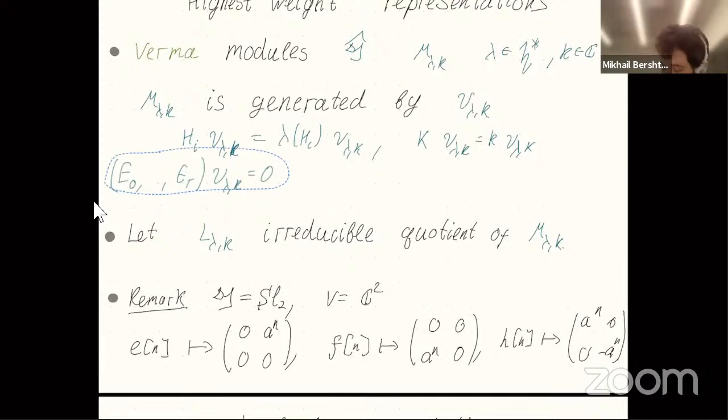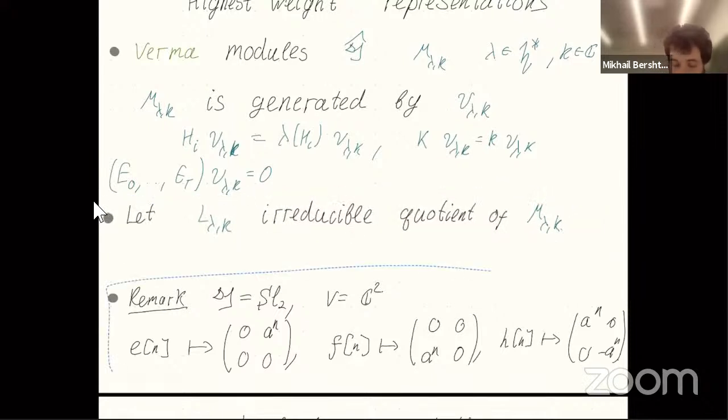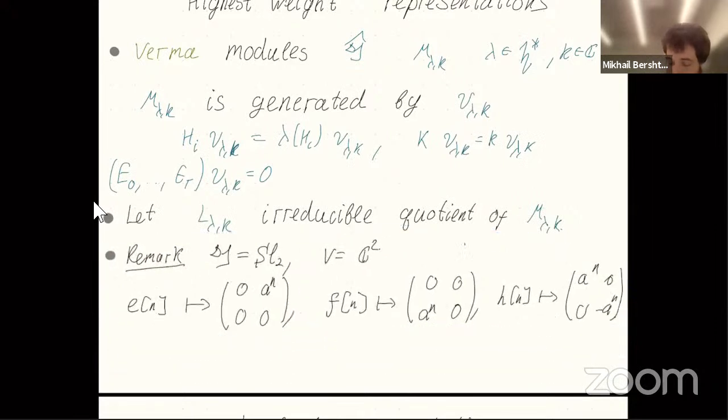Everything's okay? No questions? So, okay, I have a question. Is this representation a highest weight representation? The answer is no. Because I recall that the Borel subalgebra B plus is generated by E_0, E_1, H_1, H_2, and so on, F_1, F_2, and so on.